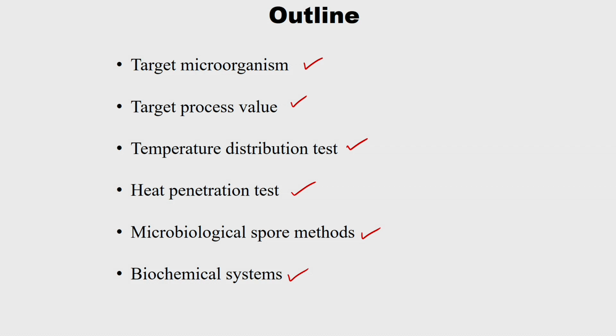And also we have seen the F value requirements and how to calculate kinetic parameters and how to optimize them, and shelf life studies. So today, validation of heat processes combines all of them as well, right. And so normally what is the procedure to do any validation of thermal processes?